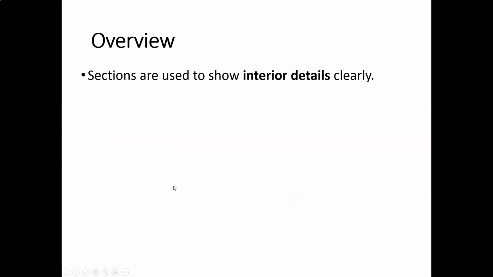So just as an overview, we're going to talk about the purpose of section views, what their intention is, what they're intended to do, and that is to show interior details clearly.